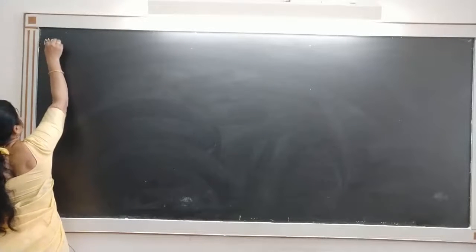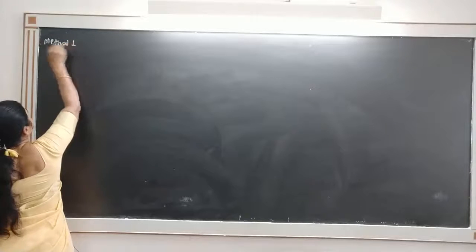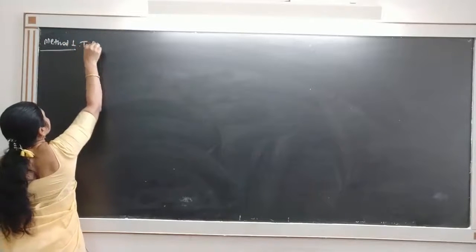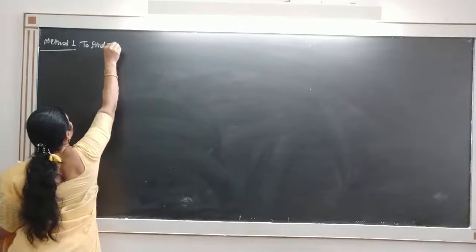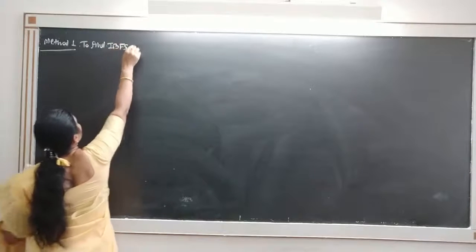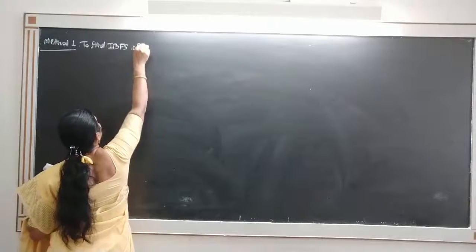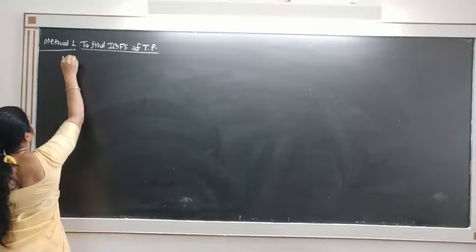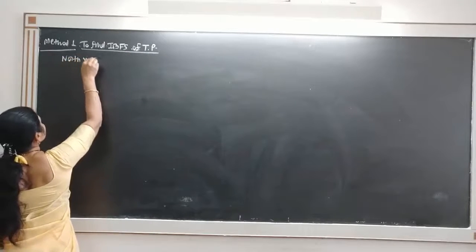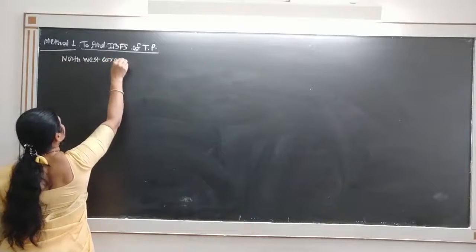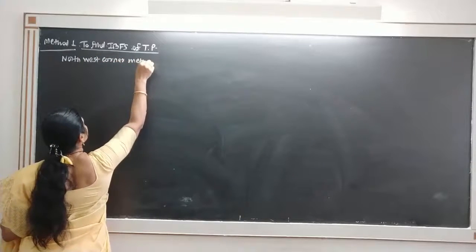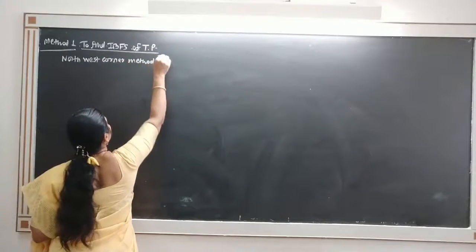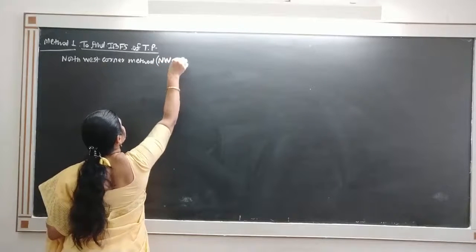So this is a method to find the initial basic feasible solution of the transportation problem, and the name of the method is northwest corner method. In short, it can be known as NWCM.